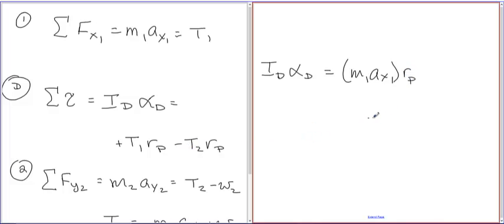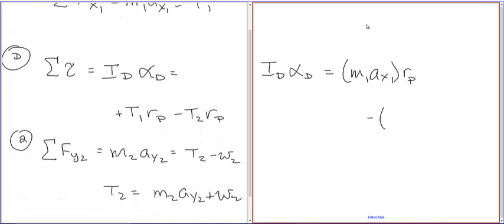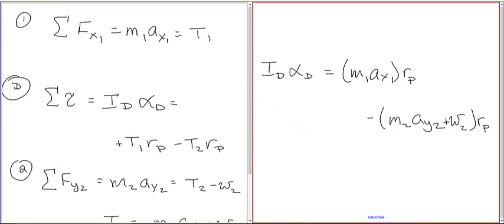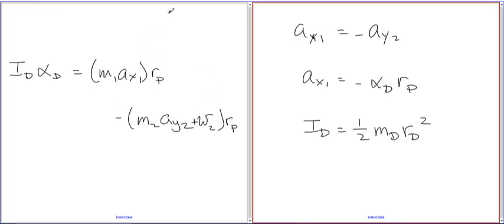Okay, then we have minus T2, but T2 is equal to M2 a sub y2 plus W2. So that's T2 plugged in here, times R sub P, the radius of the pulley. Okay, now we'll go to the next page and we'll make these substitutions.